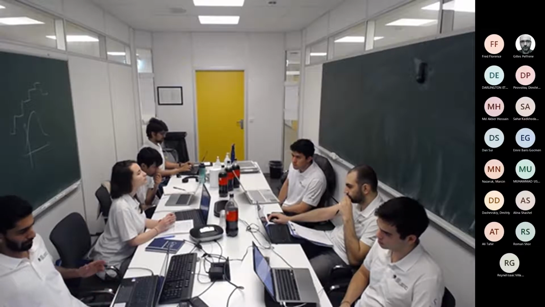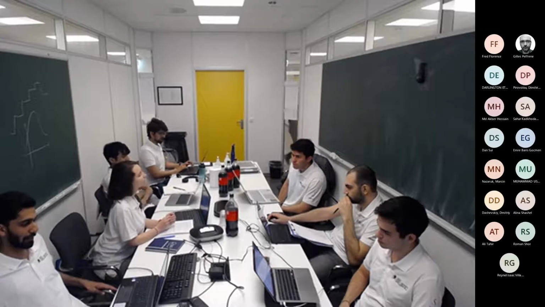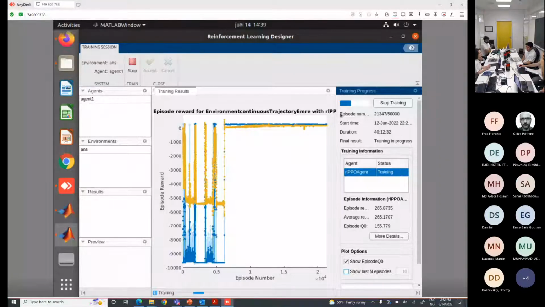But the concept of reward is defined with respect to the problem at hand, and the agent in reinforcement learning tries to maximize the reward. And the same problem is modeled for trajectory control as well. Reinforcement learning is going to be applied in that area as well, and that is the master's thesis of another member of the team.